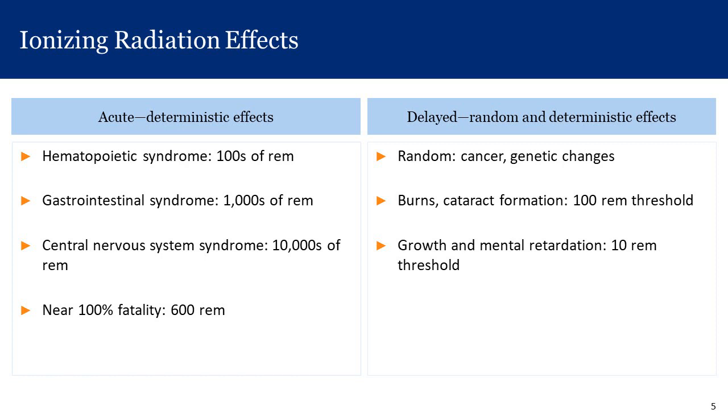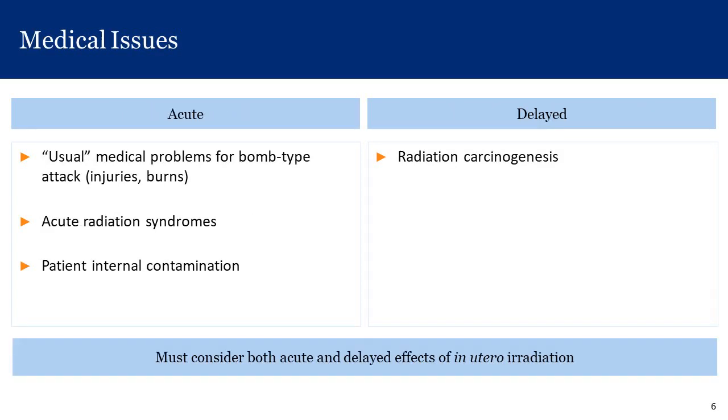So let's talk about medical issues pertaining to ionizing radiation health effects. Building upon content from the previous slide, acute health effects include, for example, if there was something called a dirty bomb, which is more formally known as a radiological dispersal device, the usual effects from a bomb-type attack, shrapnel injuries, and the like.